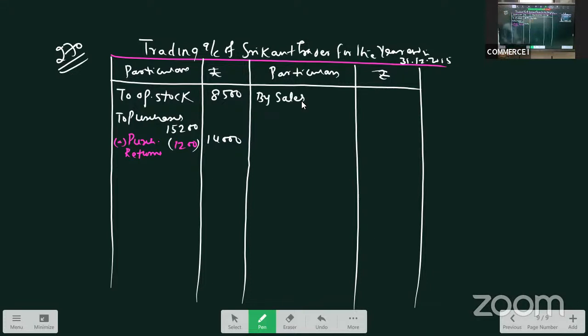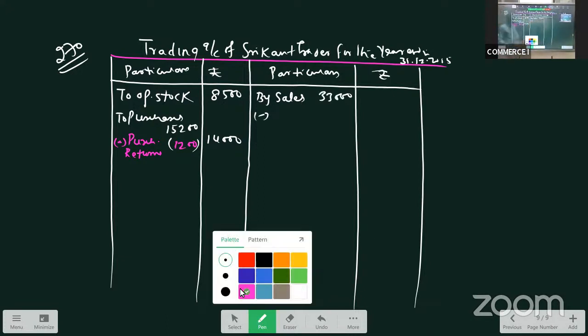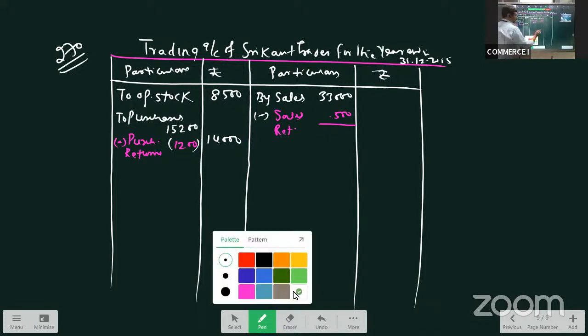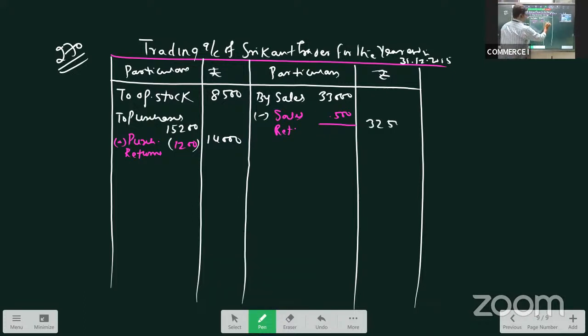By sales, how much? 33,000. Minus sales returns. Sales returns are given as 500. Deduct. You'll get 32,500.